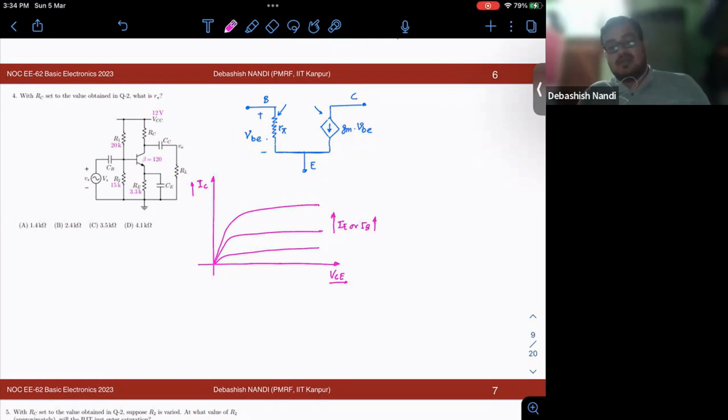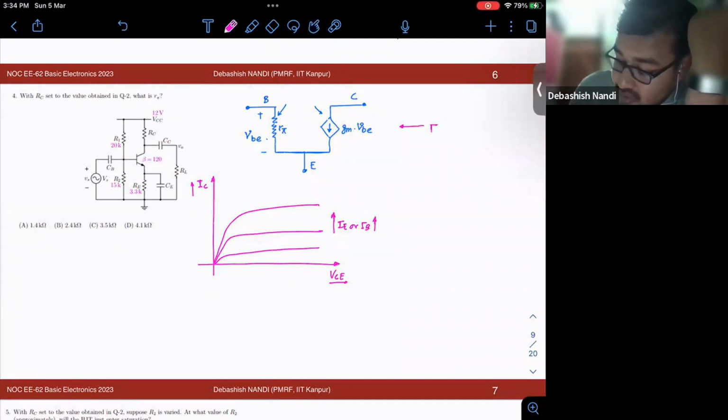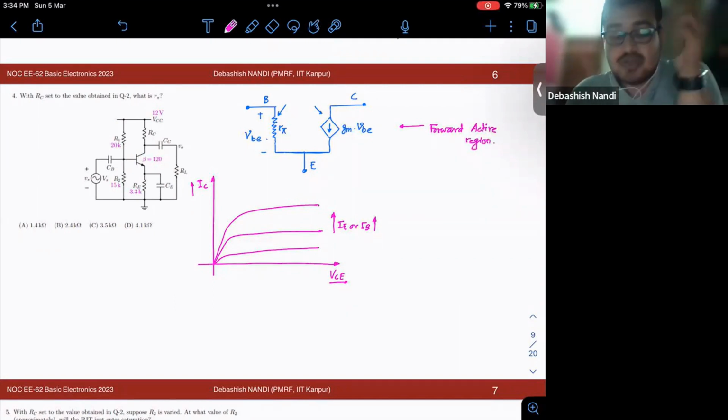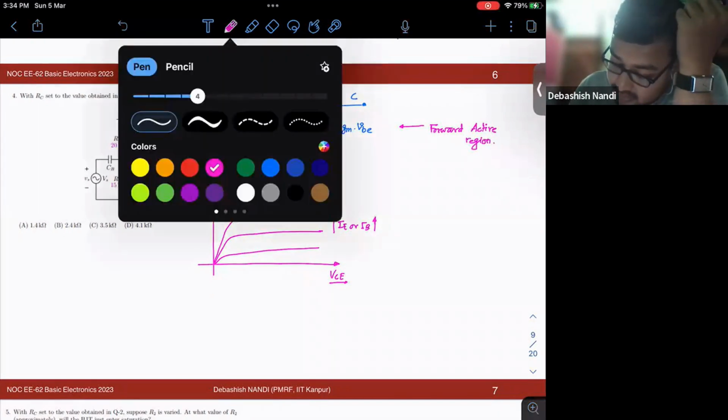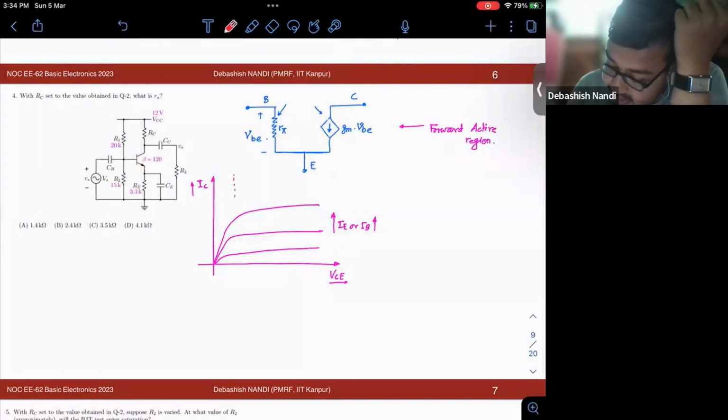Now, this model you need to understand is valid for the forward active region. So what is my forward active region in this plot? If I segregate this plot, let's say like this, actually it is somewhat like this.